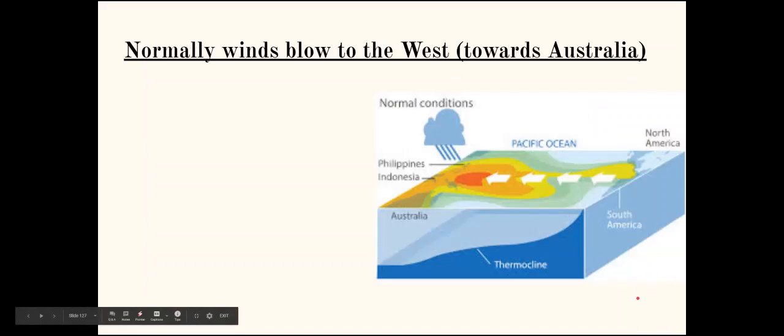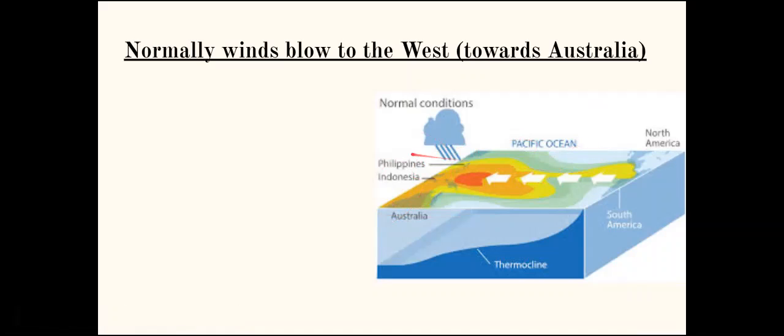Now, we had a lesson on global wind patterns. And so when you look at the southern Pacific Ocean, generally the winds travel from the east to the west. And so you're going to see them going from North America and South America over towards the Philippines, Indonesia, and Australia.